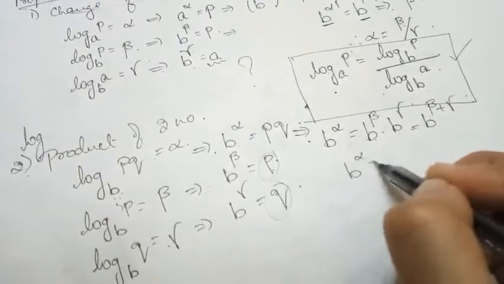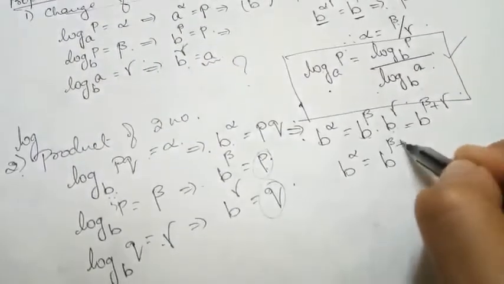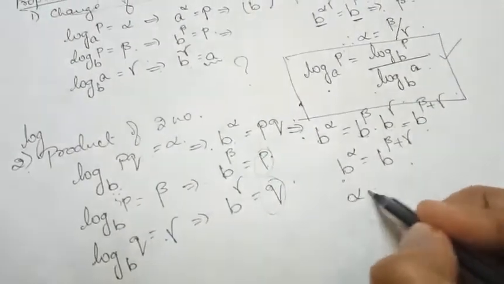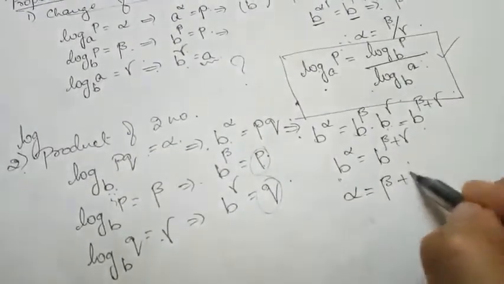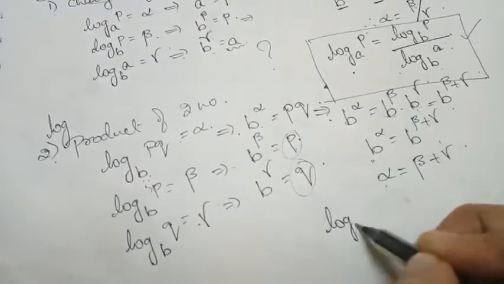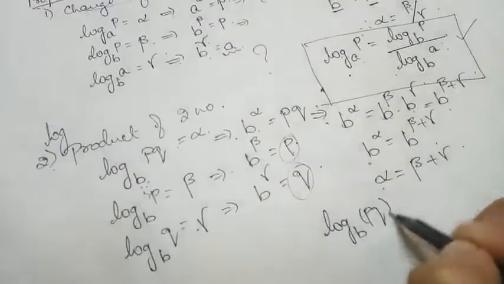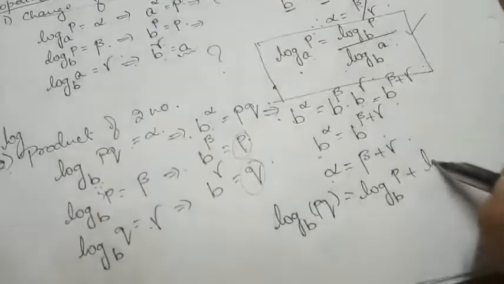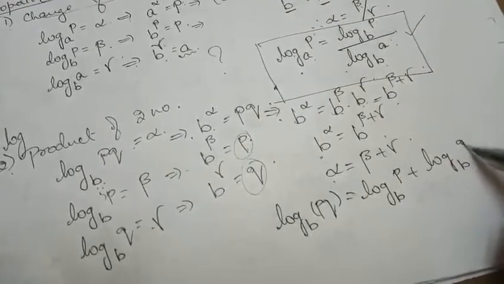Since bases are the same, exponents are equal. So alpha is equal to beta plus gamma. Now what was our alpha? It is nothing but log base b of pq is equal to log base b of p plus log base b of q.